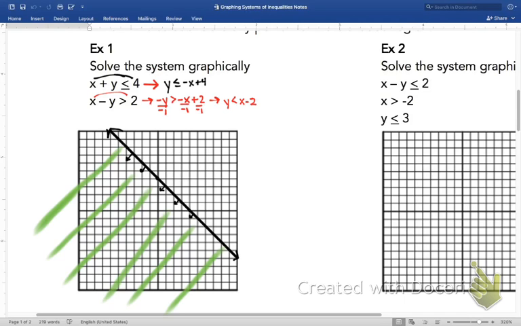So then if I'm at negative 2, I'm going to put my point here at negative 2, and my slope is 1 over 1. Bless you.